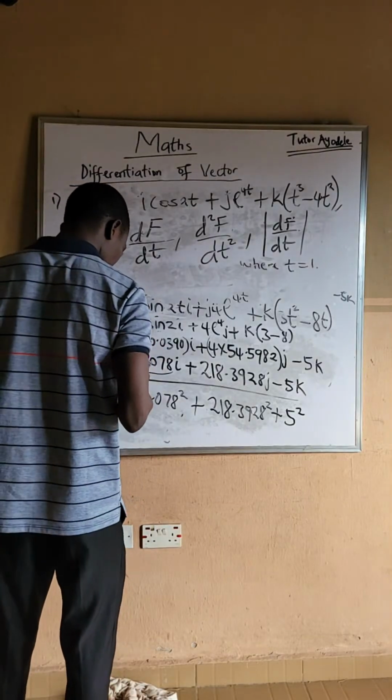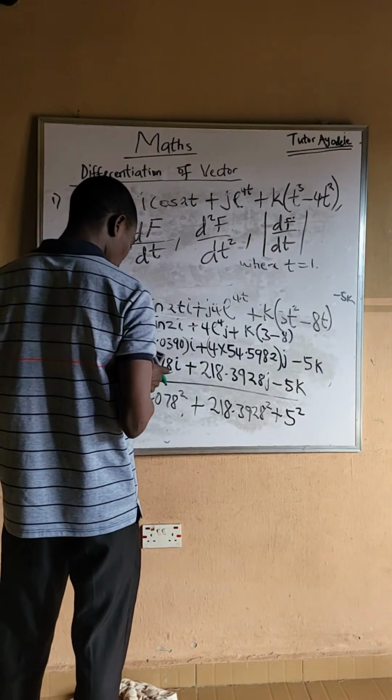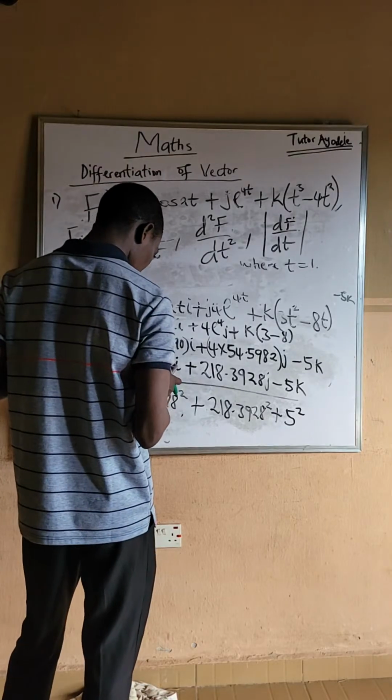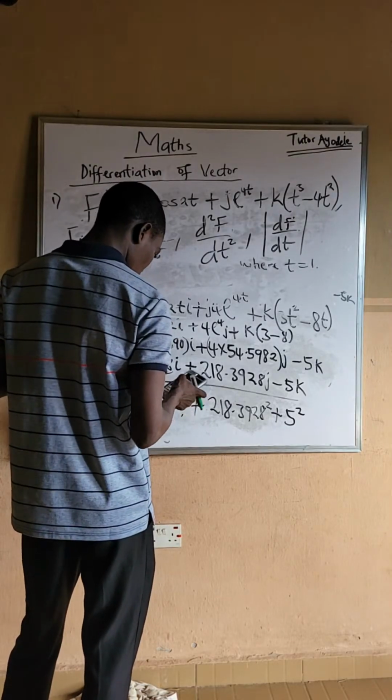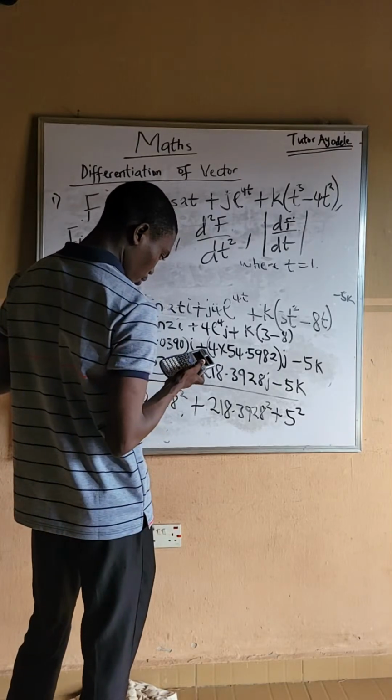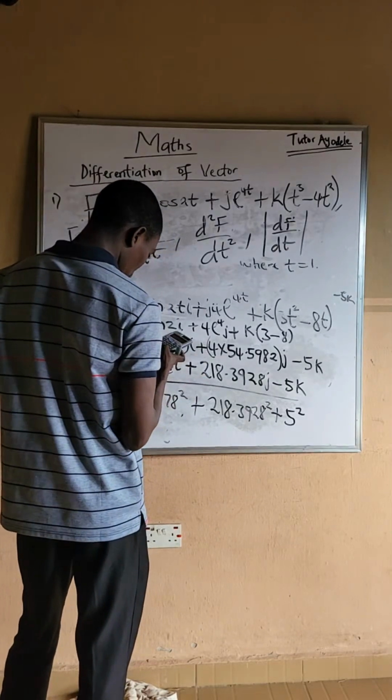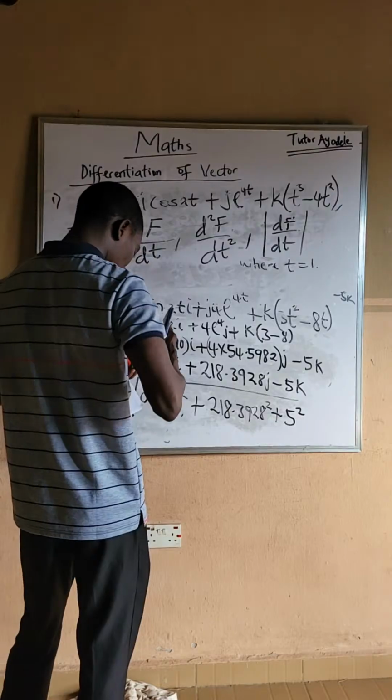So you can punch everything at once in your calculator. Find the square root of, let me put this in here.